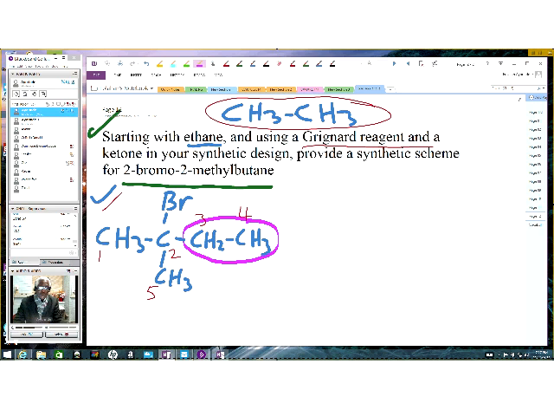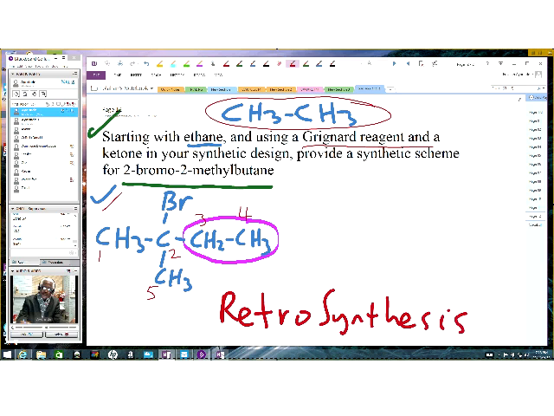Now, take a look at what we have here. When you have a synthetic problem of this nature, the first thing you want to do is what we call a retrosynthesis. In other words, you want to start from the product and go backward to the starting material, taking one reaction at a time.